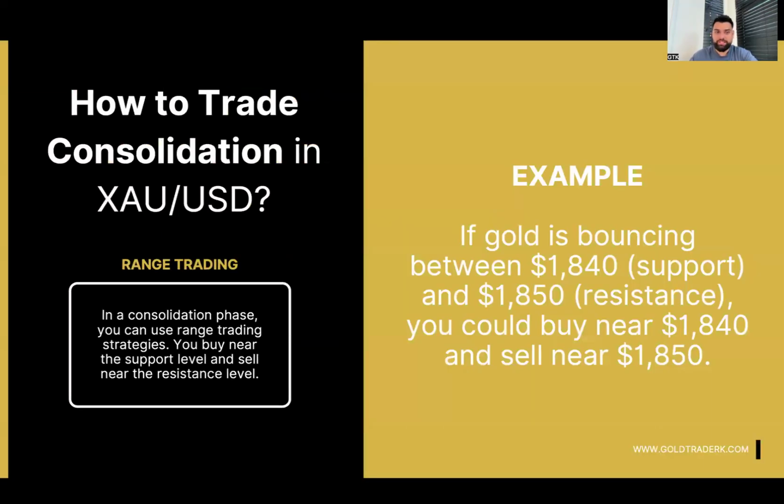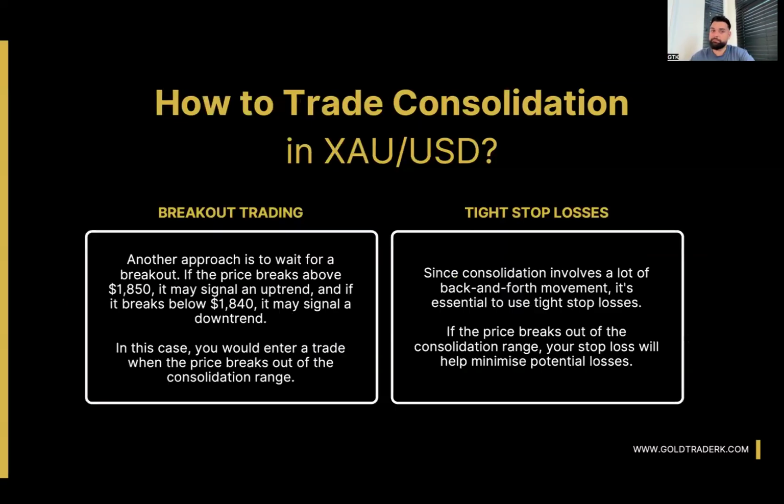How to trade consolidation. In consolidation phase, you can use range trading strategies. You buy near the support level and sell near the resistance level. Example, if gold is bouncing between 1840 and 1850, you could buy near 1840 and sell near 1850. Breakout trading. Another approach is to wait for breakout.